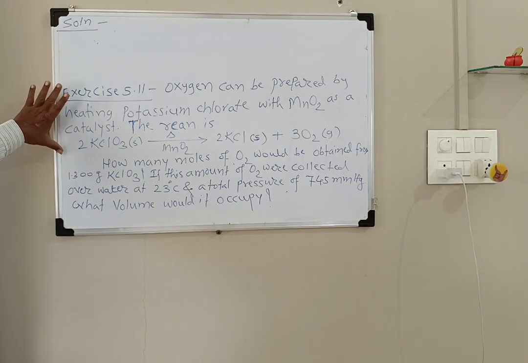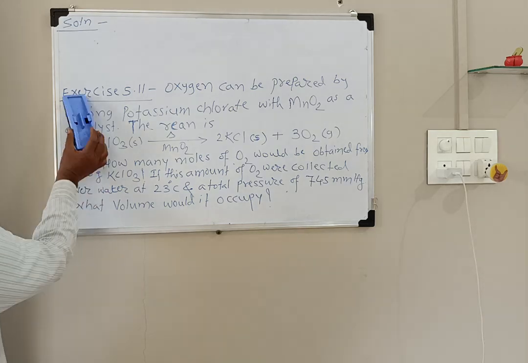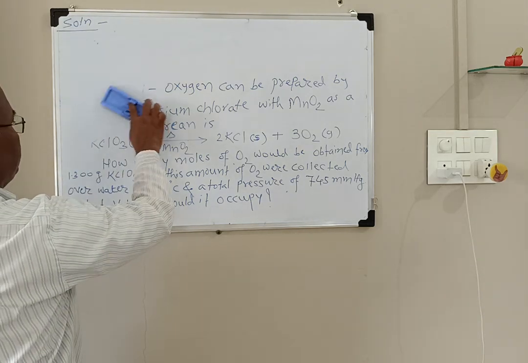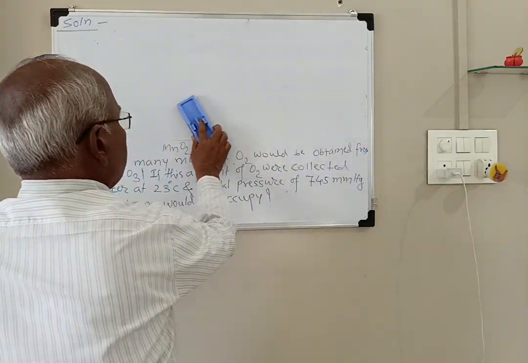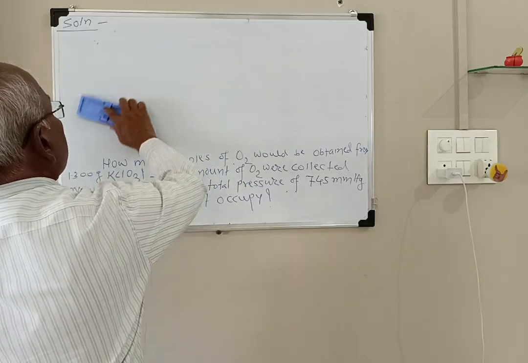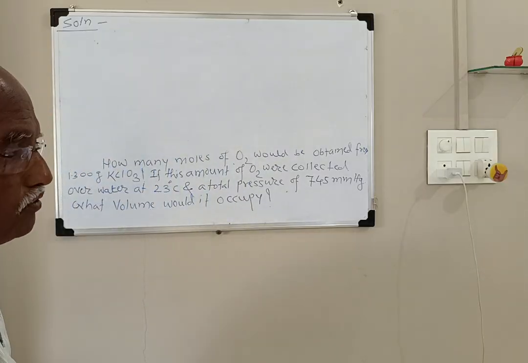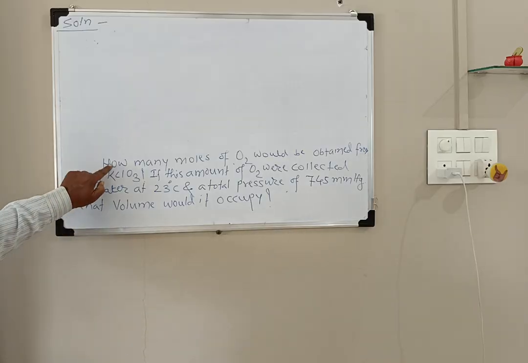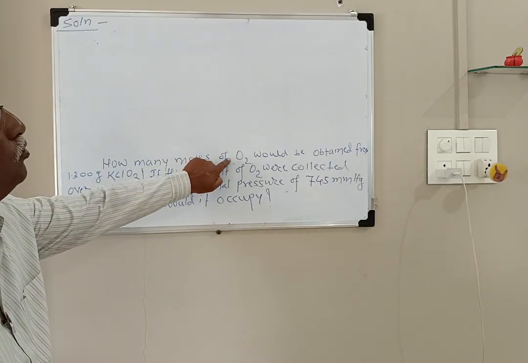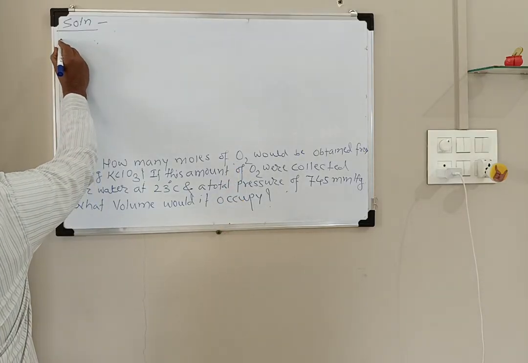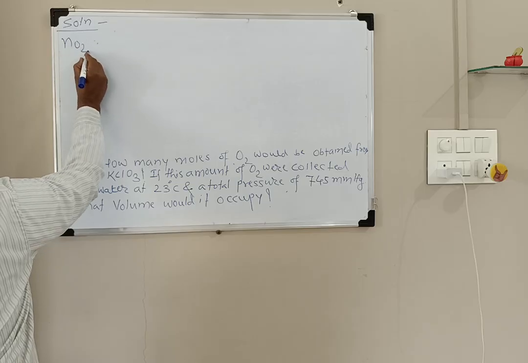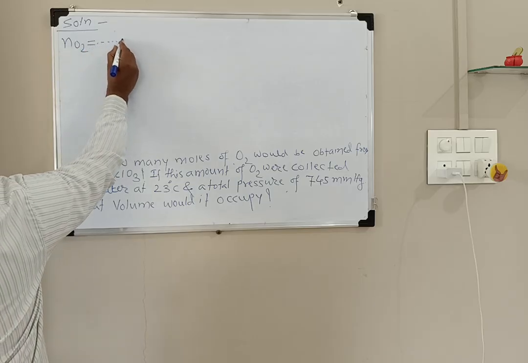I remove these 3-4 lines because there is only the chemical reaction, so I clean the board first. Now, how many moles of O2 would be obtained? So I write here moles of O2 is equal to question mark.